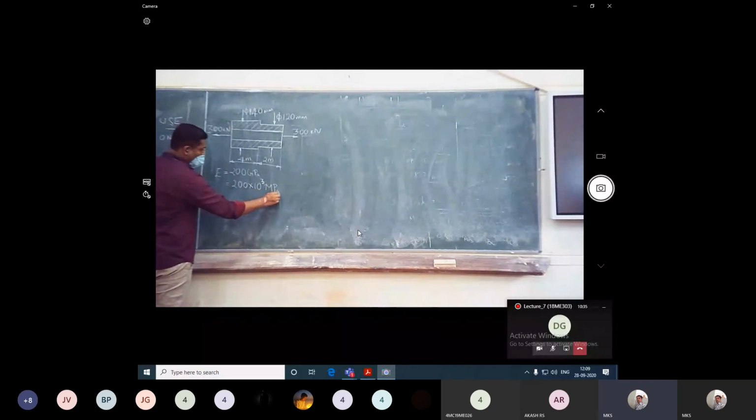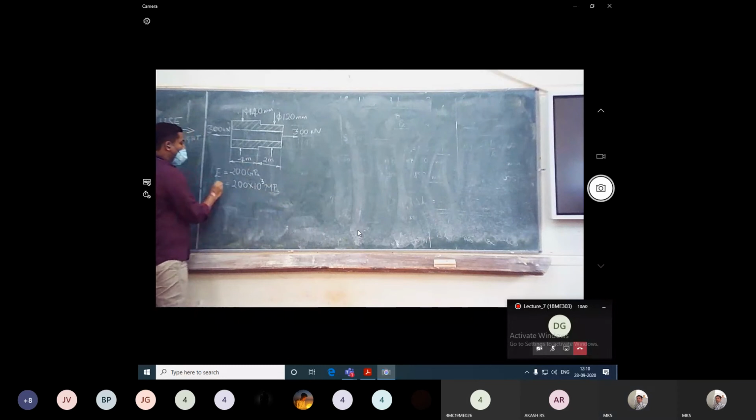So megapascal is nothing but Newton per mm square. Both are the same. So I have written the units first, when doing the problem. Megapascal is nothing but Newton per mm square. So E is 200 into 10 power 3 megapascal.